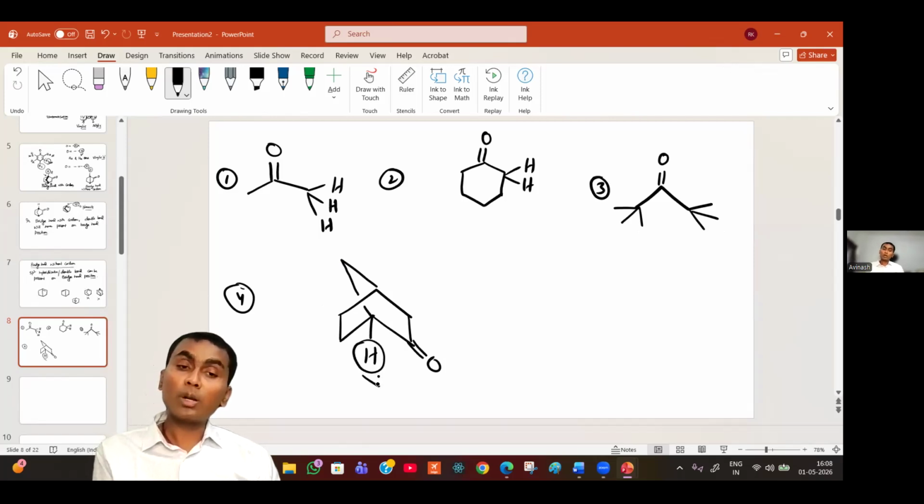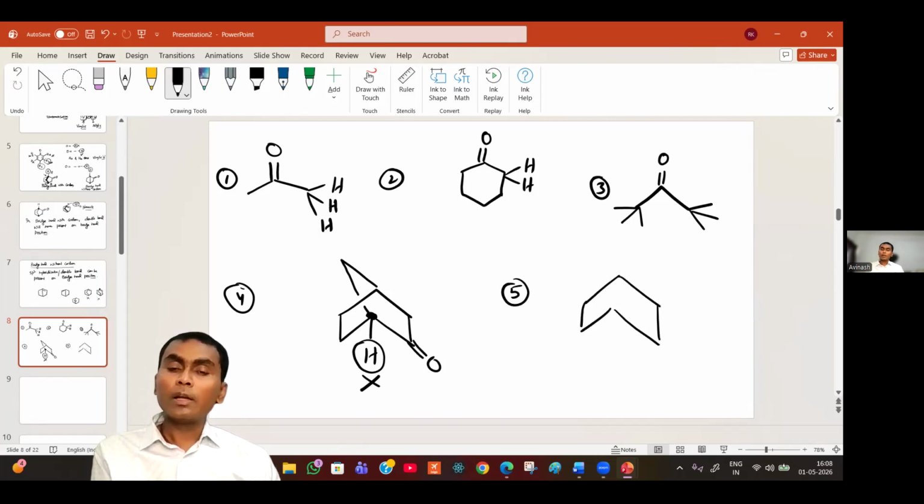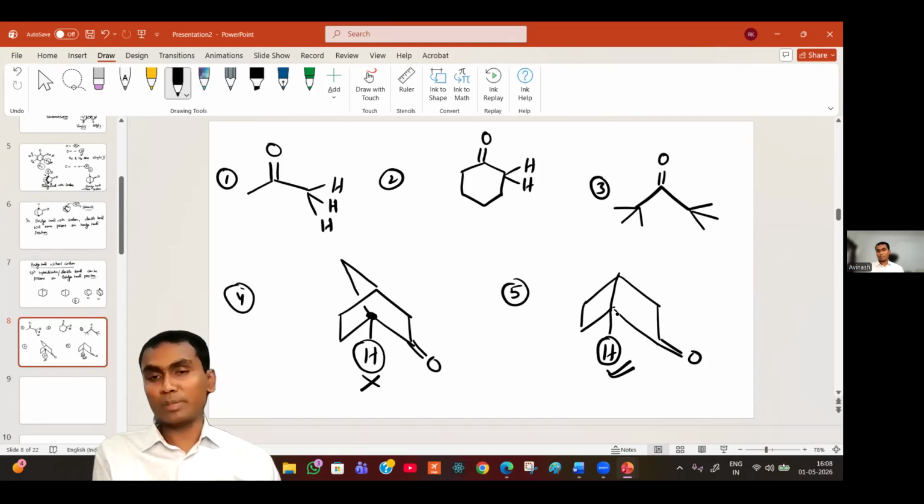This will also not participate in tautomerization because it is on the bridgehead position, bridgehead with carbon. This one, double bond: this hydrogen is on a bridgehead position, but it is bridgehead without carbon, so it will take part in tautomerization.